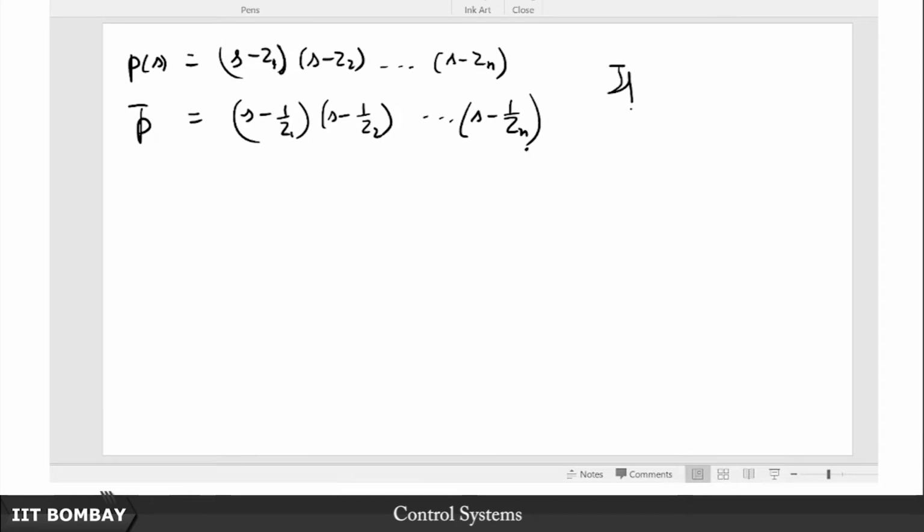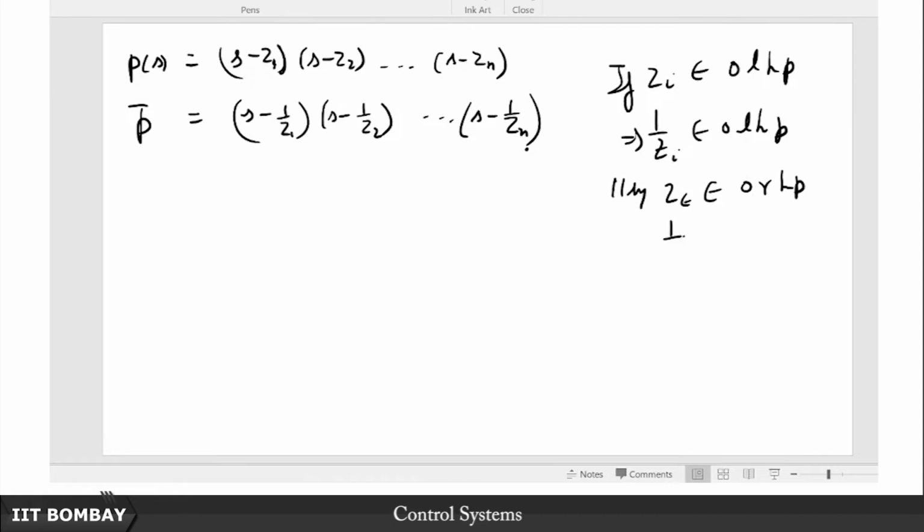Notice that if zi belongs to the open left half plane, 1 by zi also belongs to the open left half plane. Similarly, if zi belongs to the open right half plane, 1 by zi belongs to the open right half plane, and if zi belongs to the imaginary axis, then 1 by zi also belongs to the imaginary axis.